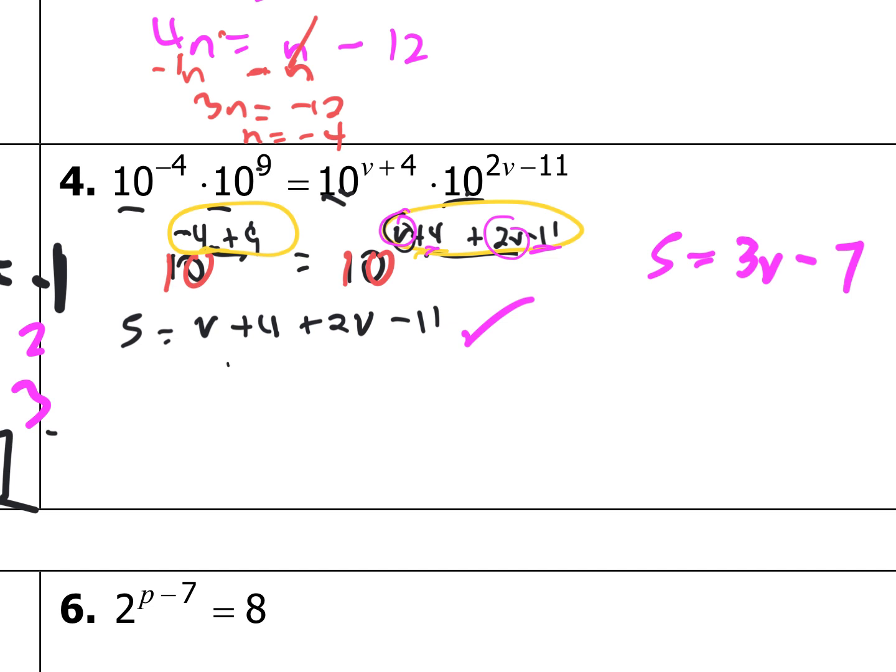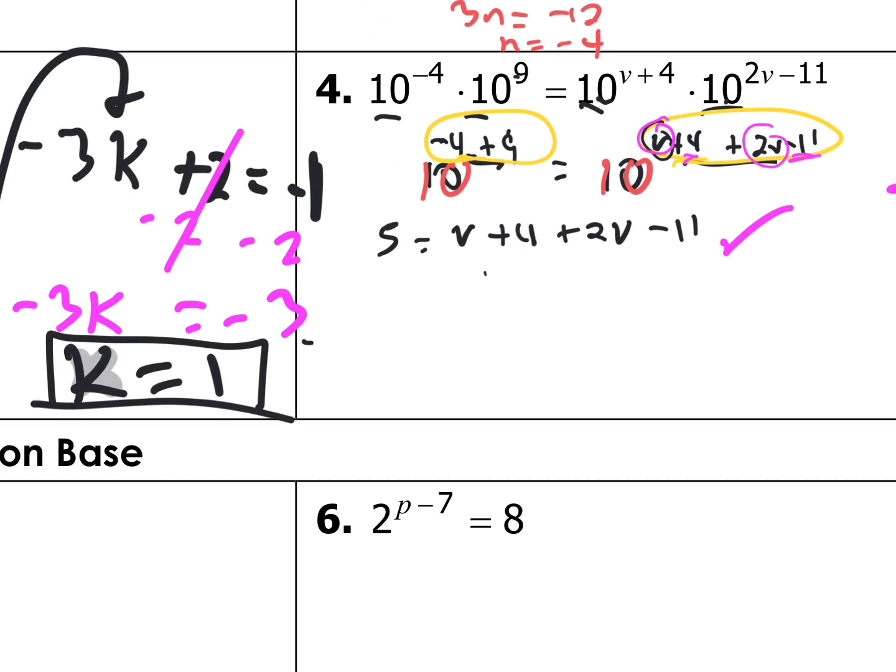If you can add them up and write down what those combine to get, I'm okay with this line. But if not, I wrote it all. Now I'll do the work. 5 equals 1 plus 2, 3v. 4 minus 11 is minus 7.